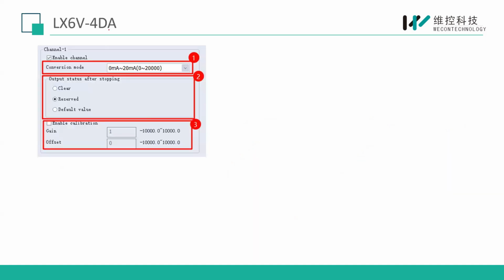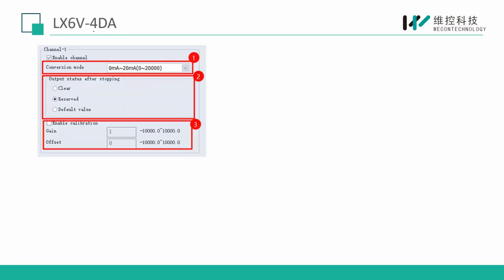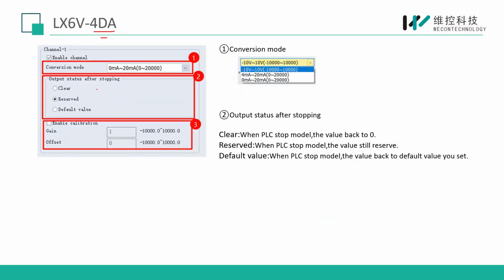And the next one is for 4DA. Like I said, 4AD is analog to digital, so 4DA is for digital to analog. It still has three modes like 4AD. And the next one is about the output state after stopping. It means when our PLC goes from run to stop, what value will stay in our channel.